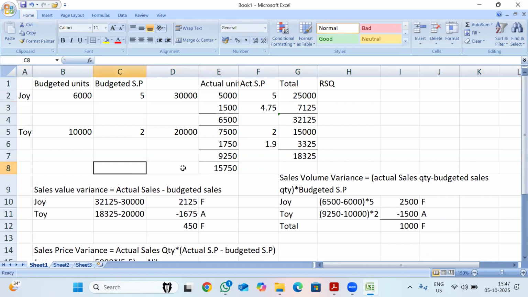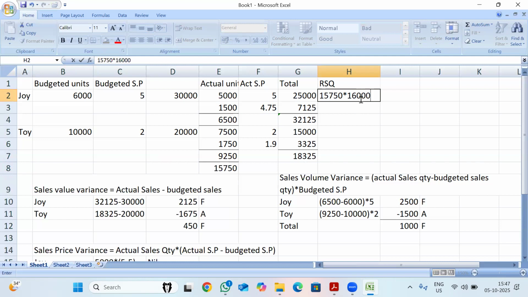The total budgeted quantity is 16,000. So we are converting into the 15,750, what will be my sales mix?